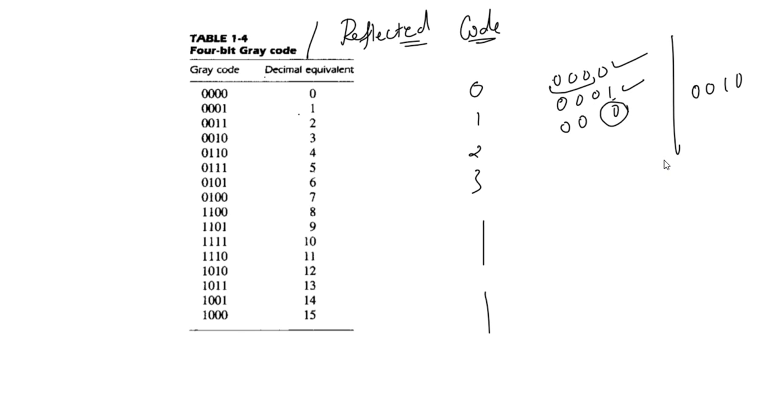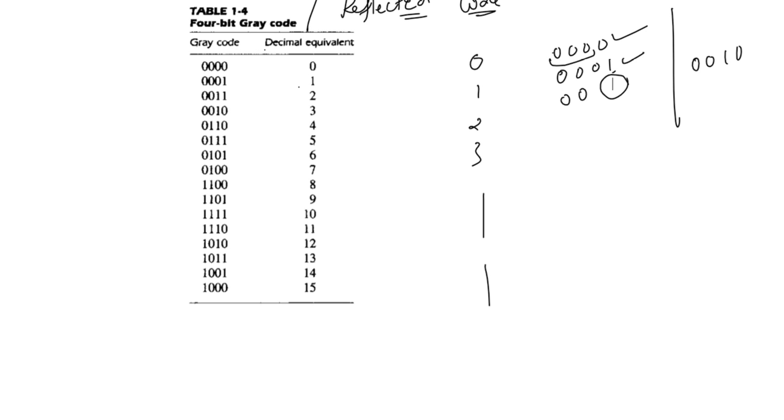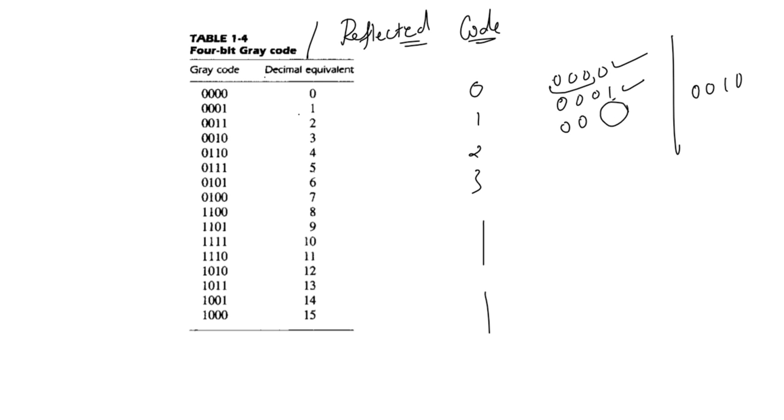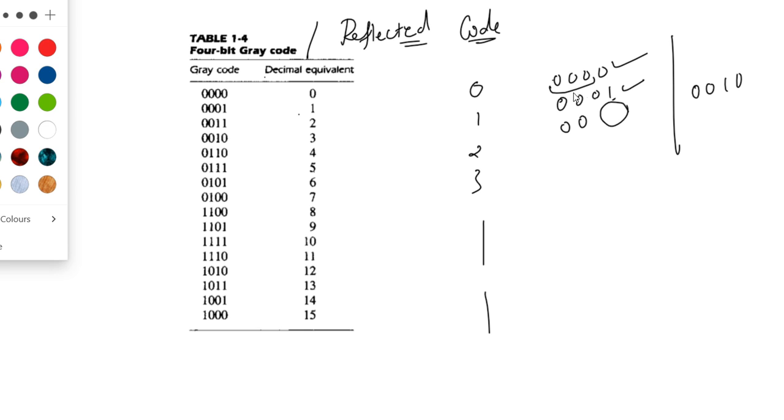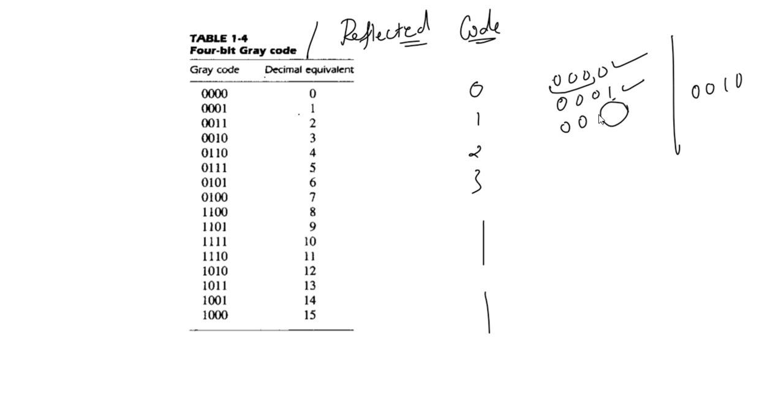See here. I put 0 and 0. I will write once again to complete the whole thing. Here you can see 0 can be represented like this, 0 0 0 0.